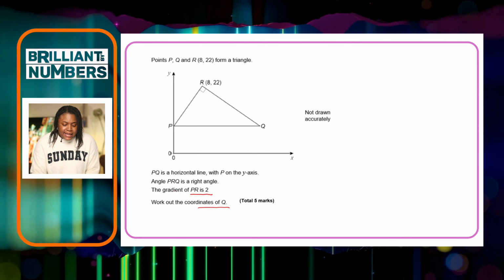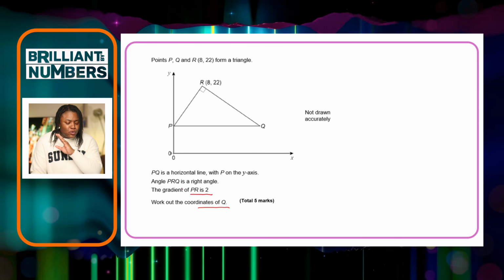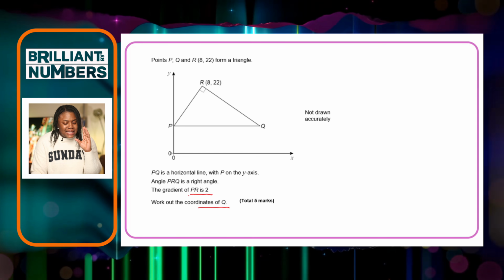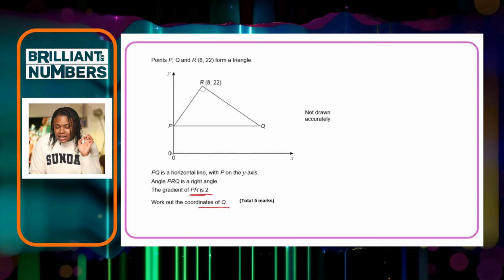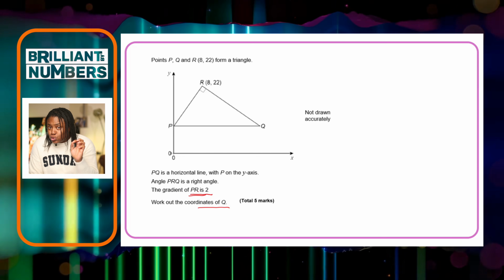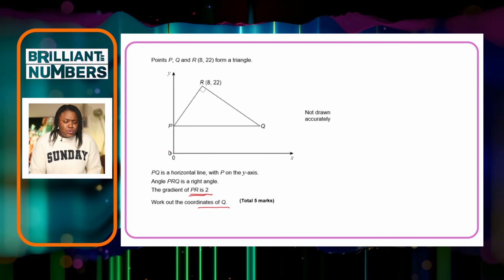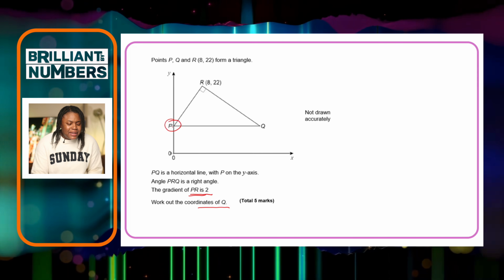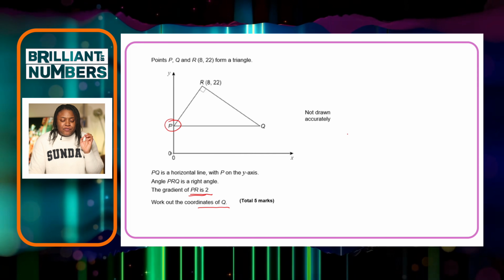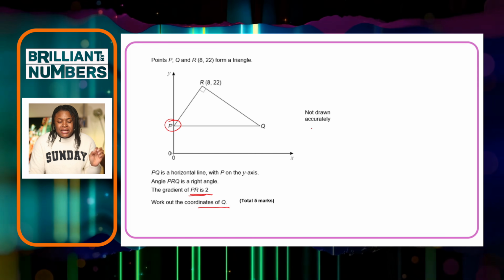It's a reason we do not just give you knowledge or give you sentences loosely. If we tell you the gradient of PR is 2, we expect you to use it. So what I'm going to do is find the equation of PR.